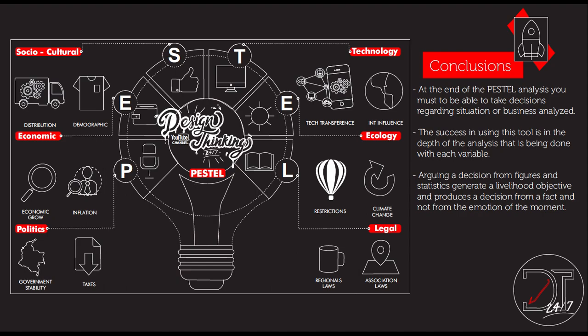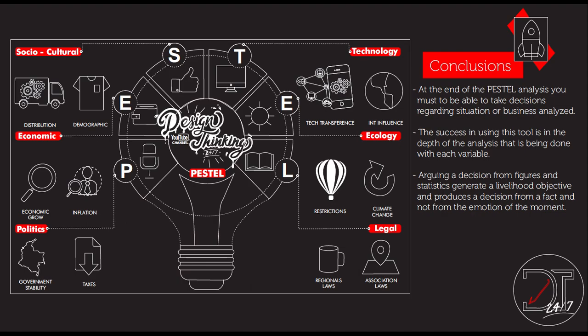The success in using this tool is in the depth of the analysis that is done with each variable. You need to go deep in each variable that we have here to realize what to do. Arguing a decision from figures and statistics is objective and produces a decision from a fact and not from the emotion of the moment.